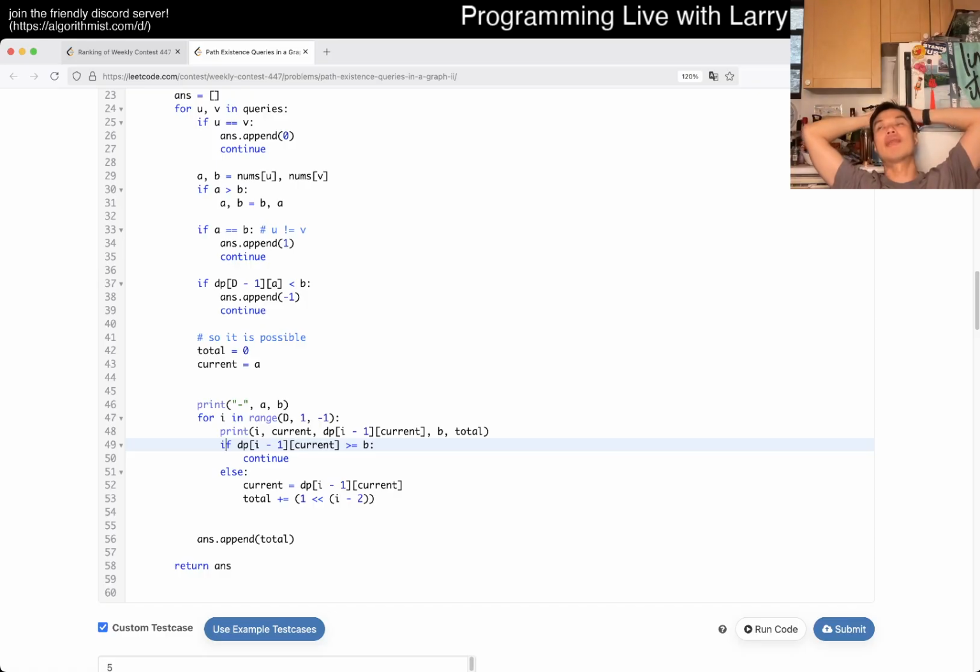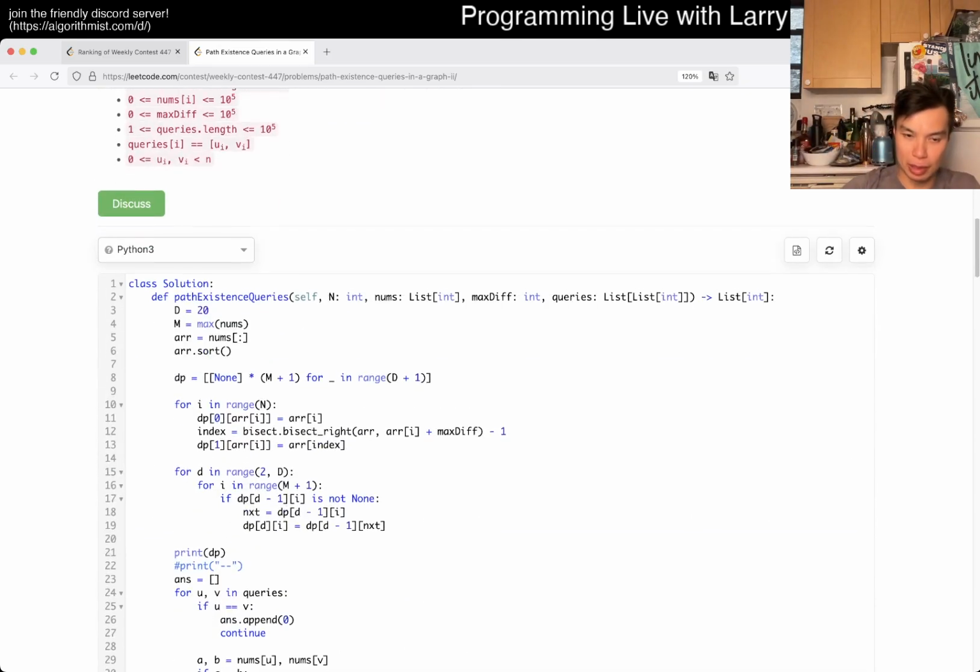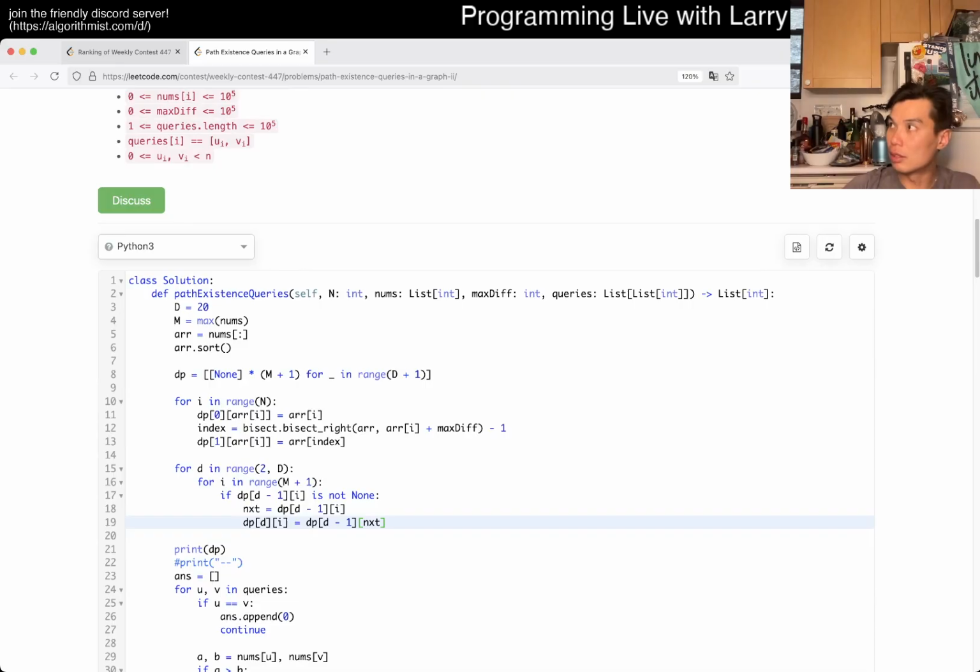How do you do minus 1 move? I mean, we just have to pre-cache it, I guess. Pre-calculate it. So here is 2 plus 1.